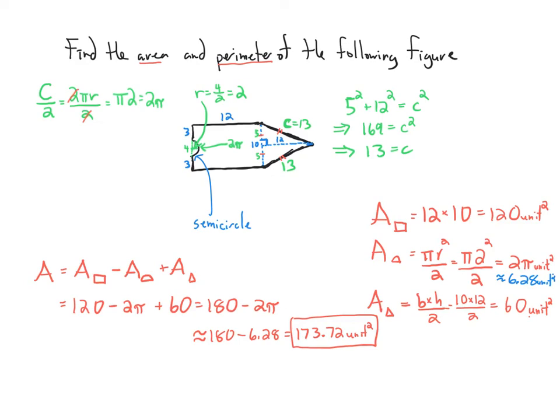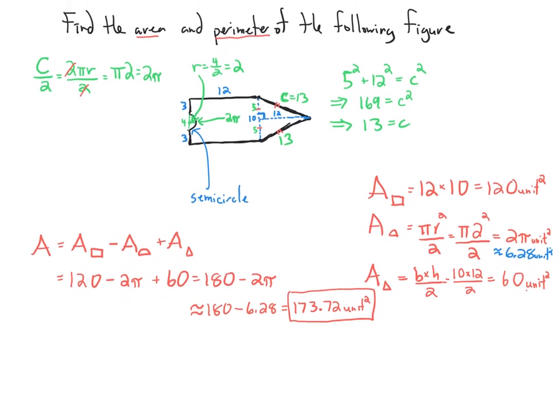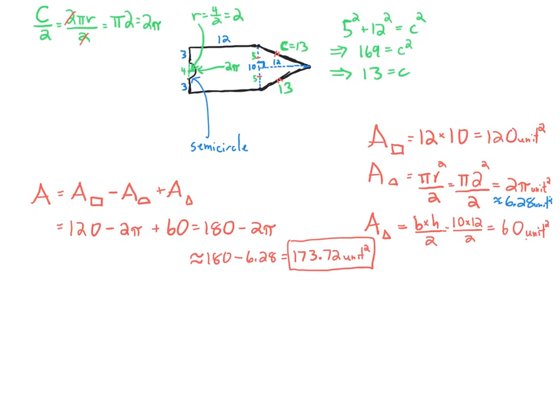So let's go ahead. Let me scroll down just to get a little more room for us. There we go. Let's start. I'm going to start at the 12, and I'm going to go clockwise. Okay, so the perimeter of our shape is 12 plus 13 plus 13 plus 12.